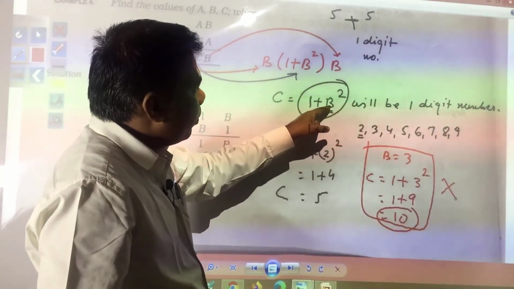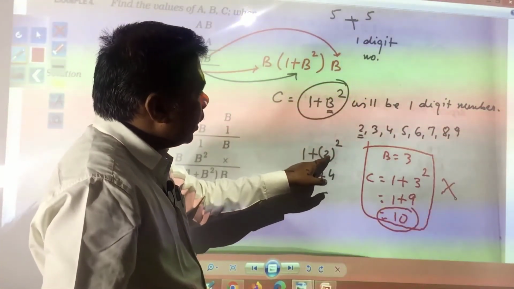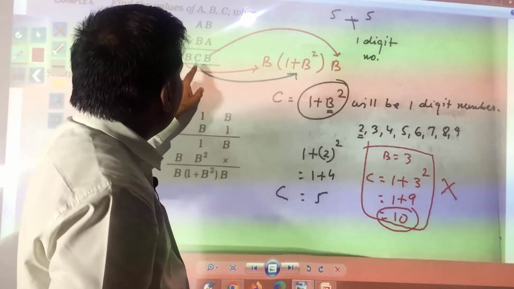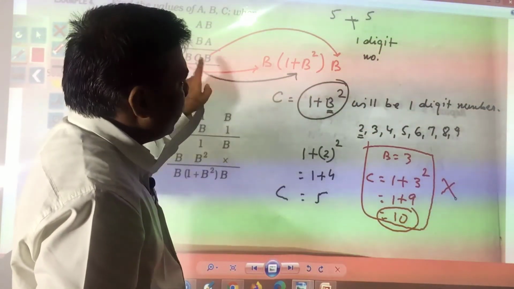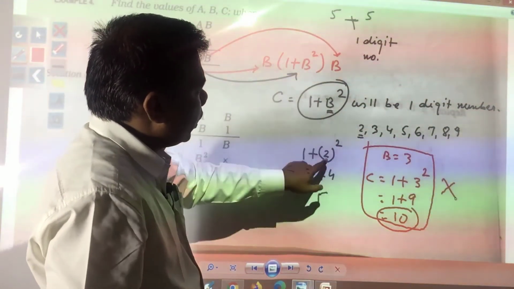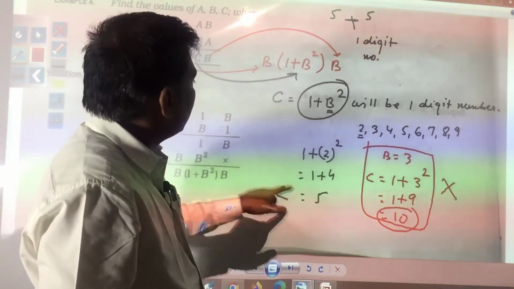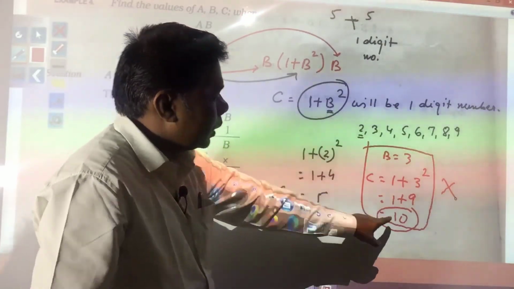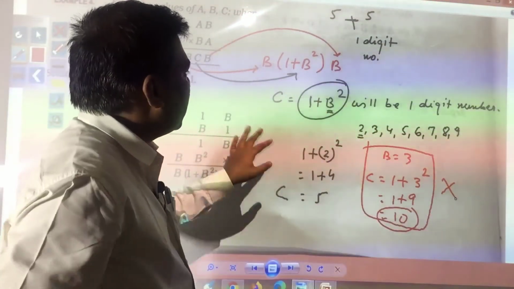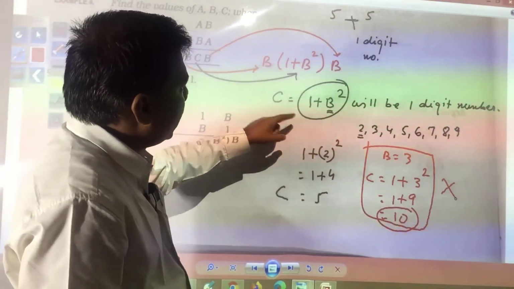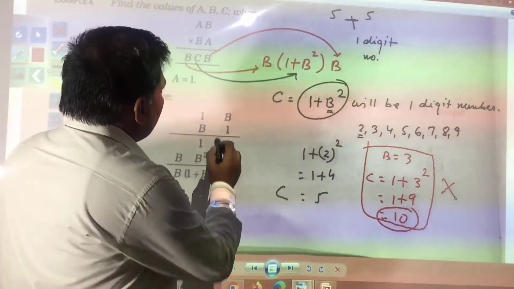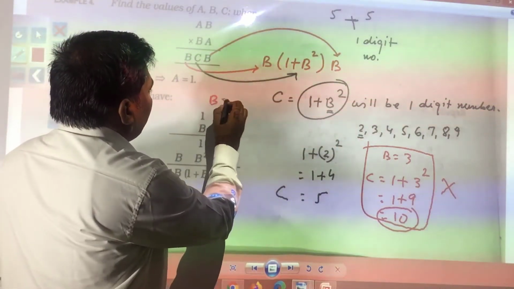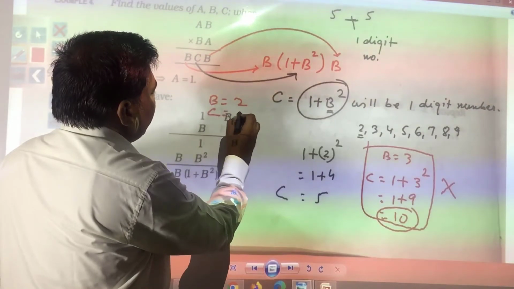Only with B as 2 can C be a one digit number, because putting 2 you get 5. If you put more, you will get a 2 digit number, which is not possible. So the value of B will be 2 and the value of C will be 5.